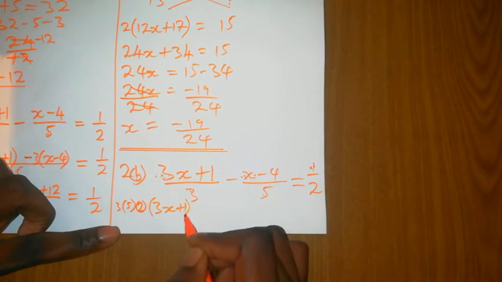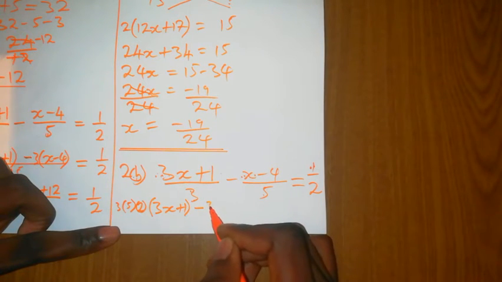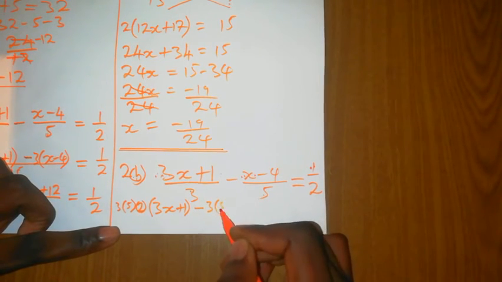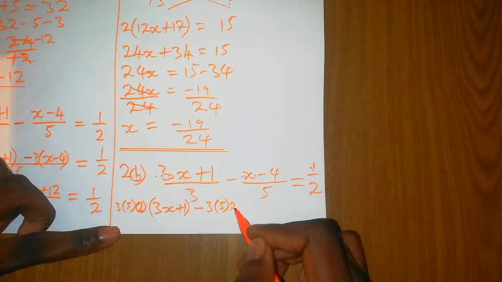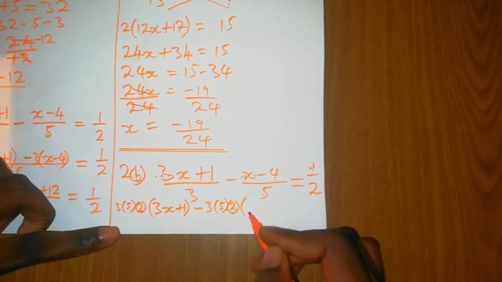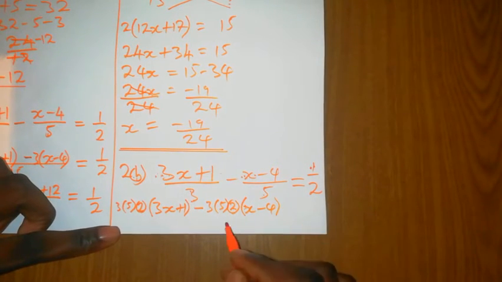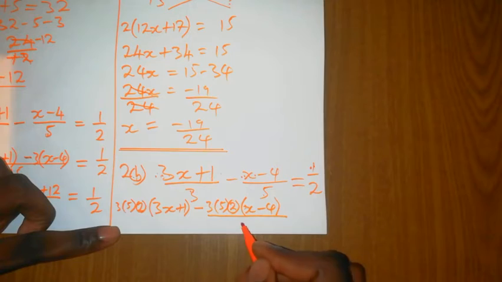3x plus 1 close minus 3 bracket 5 bracket 2 bracket, then you put that one in its bracket. X minus 4, it's still all over 5.